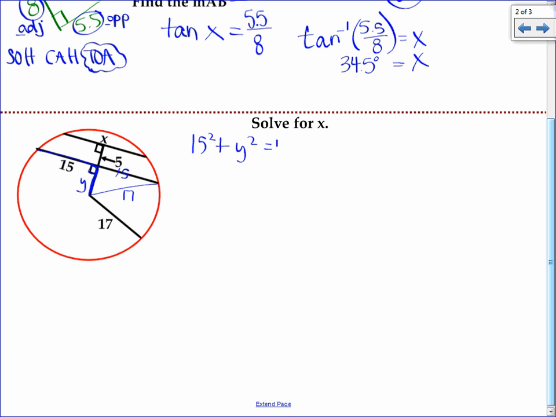This one's 225. What's this one? 289. We subtract our 225 and we get 64. That works out nicely. What do we get for that little y value there? 8. We got 8.